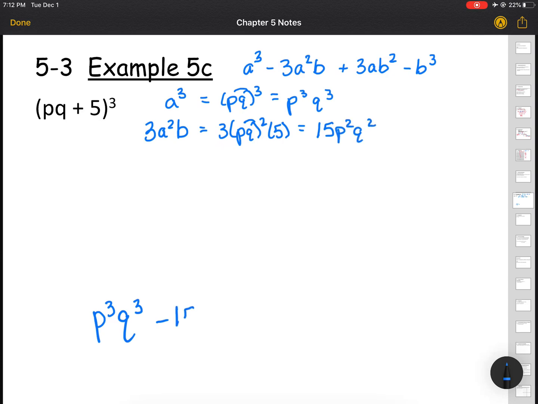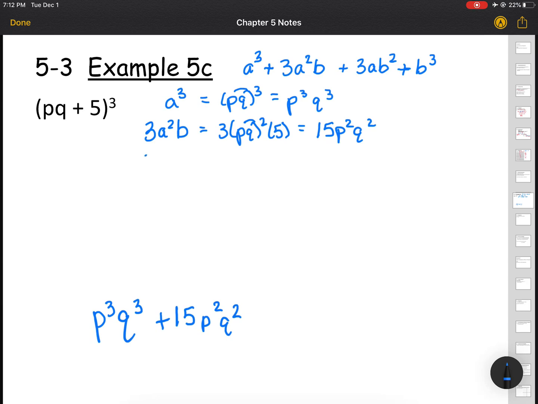So minus 15p squared q squared. And sorry guys, these should be plus signs since we're doing the plus sign one, not the minus sign. So that should be a plus sign there, according to that pattern.